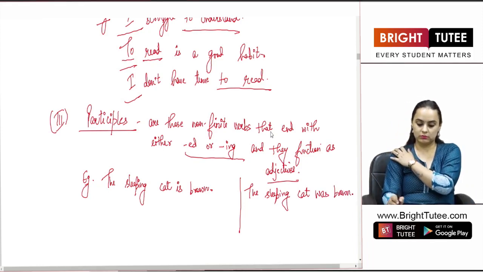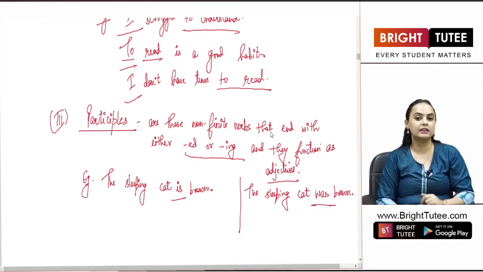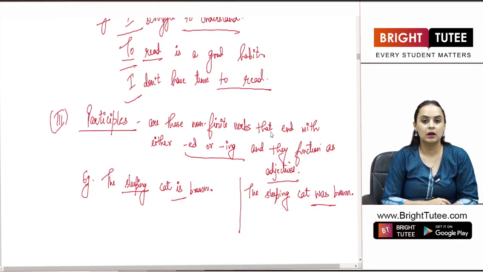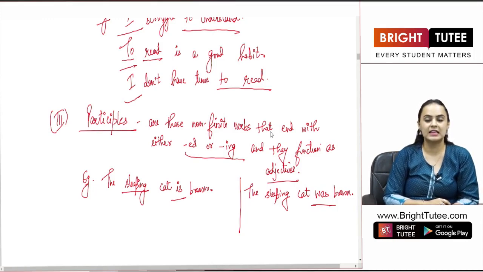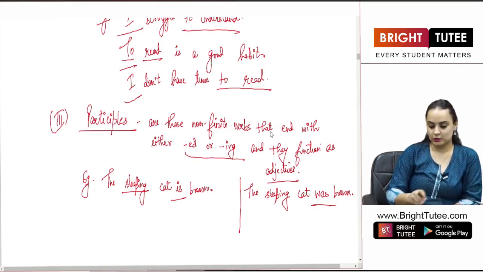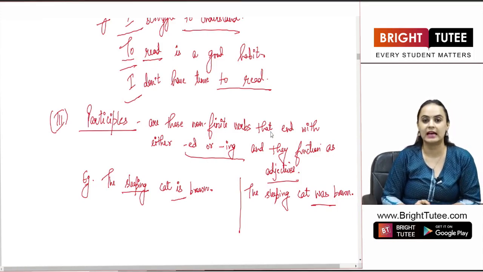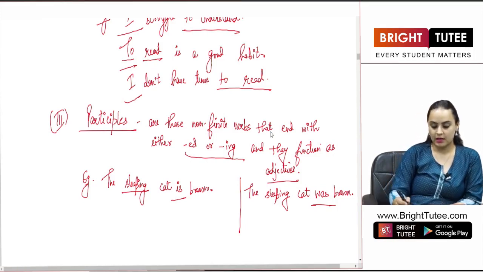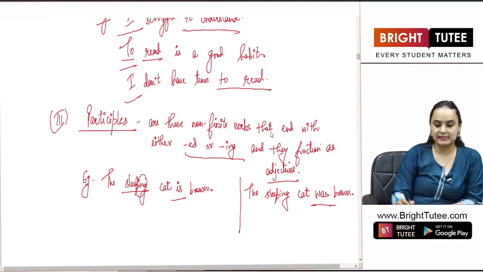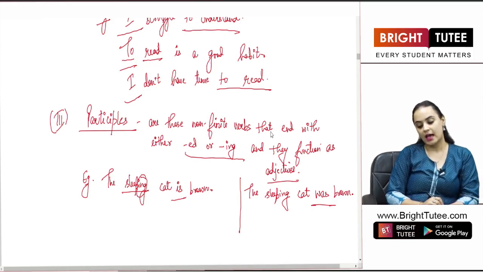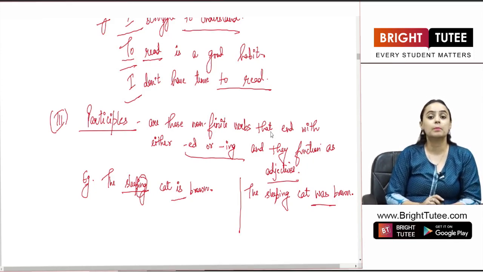So, the tense may be either present or past, but my verb remains the same, which is sleeping. So, the sleeping cat is brown or the sleeping cat was brown. Here, my verb is sleeping, which ends with ing, and therefore it is a participle.